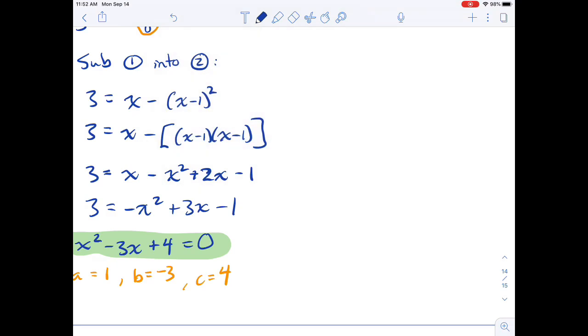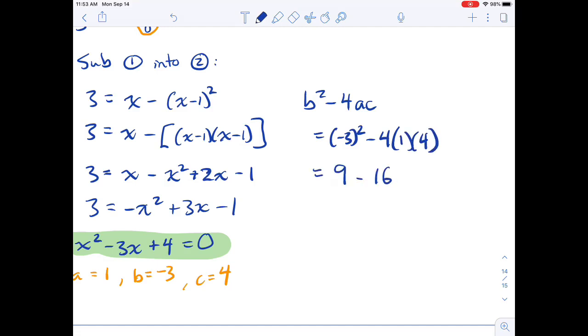So the discriminant, remember, is b squared minus 4ac. So that's equal to negative 3 squared minus 4 times 1 times 4, or 9 subtract 16, negative 7. And as usual, the 7 part is not so important. It's the fact that it's negative that's really important.